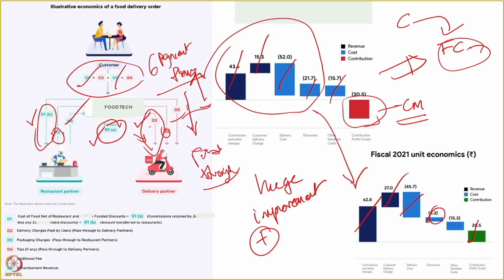So there's a huge improvement from period to period in this business. And this huge improvement has come about because of decisions made based on analysis of all the revenues and cost expenses being incurred at a unit level.